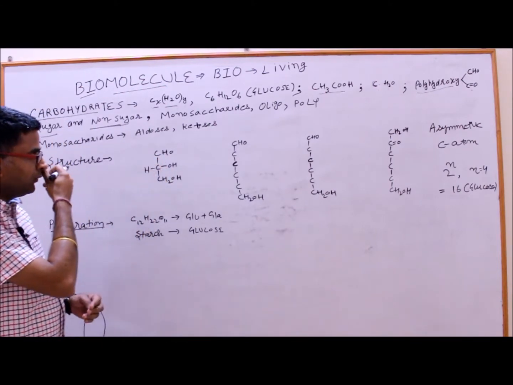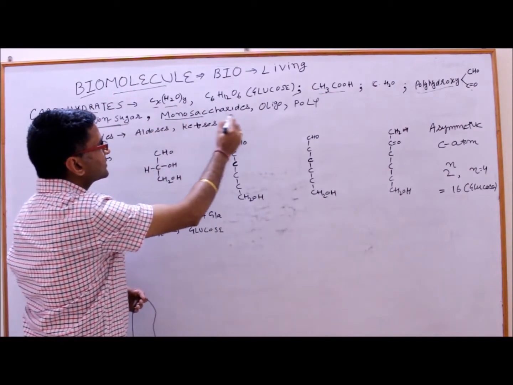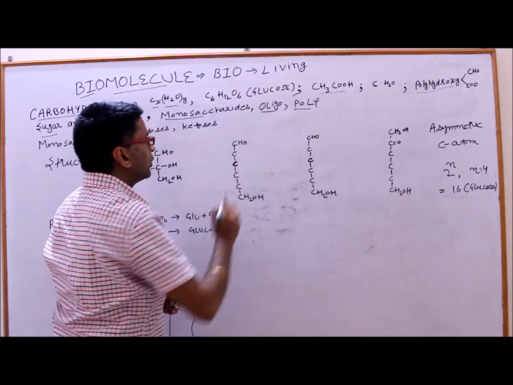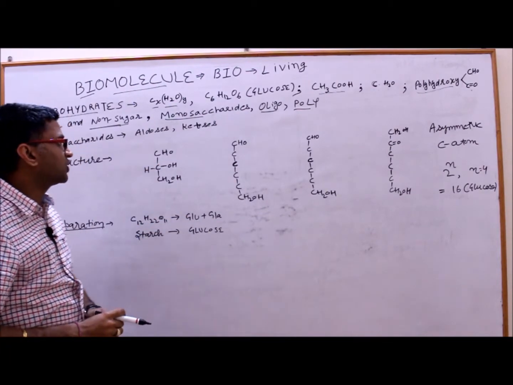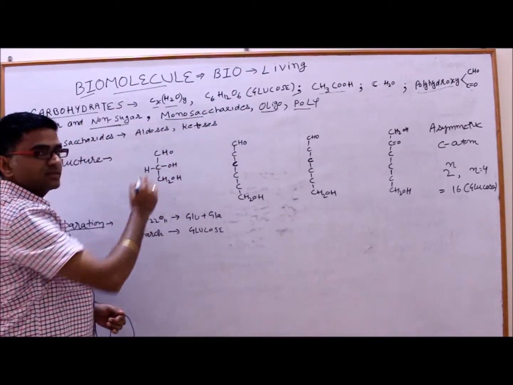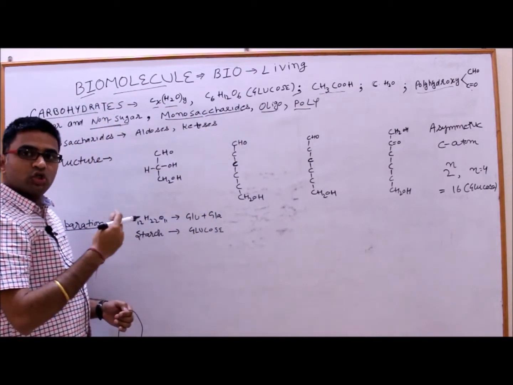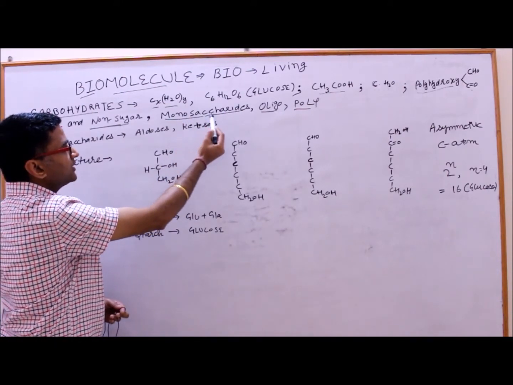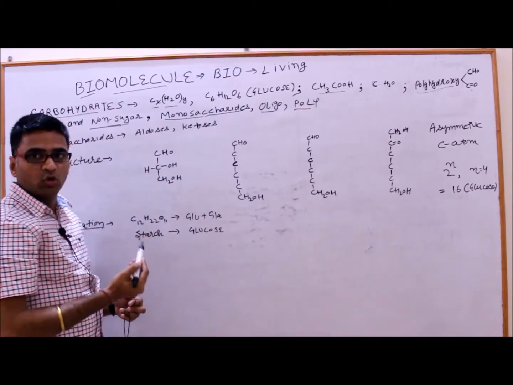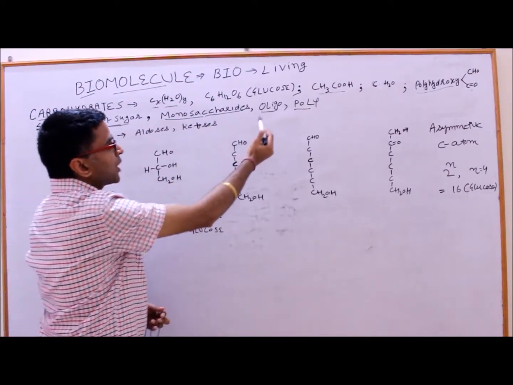Further, we classify carbohydrates into monosaccharides, oligosaccharides and polysaccharides. This is called a more systematic classification. We know that mono means one. Saccharide corresponds to a sugar unit. So molecules in which there is only one sugar unit, like glucose, galactose, are monosaccharides.